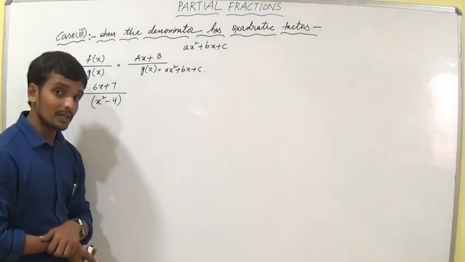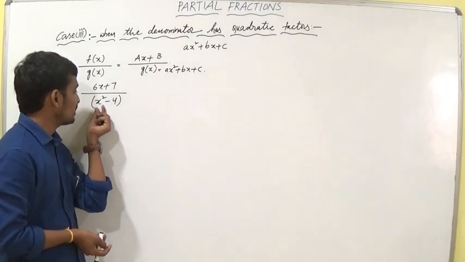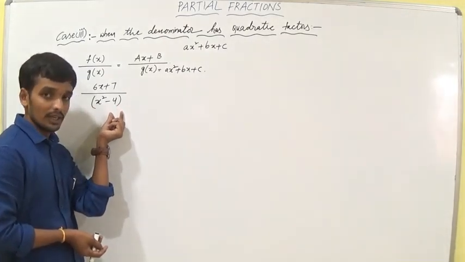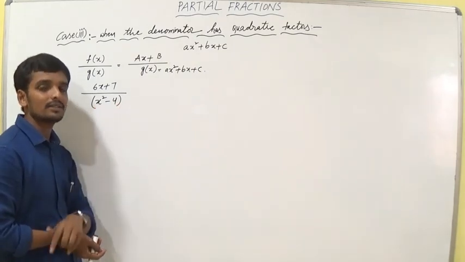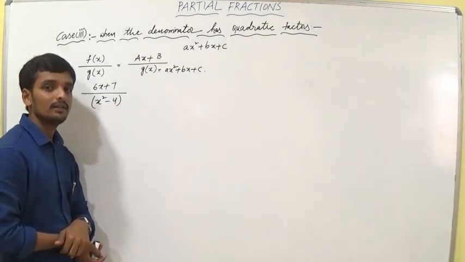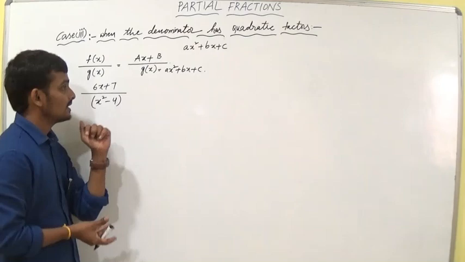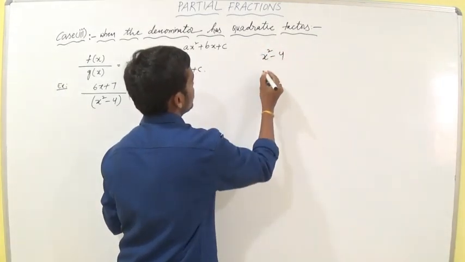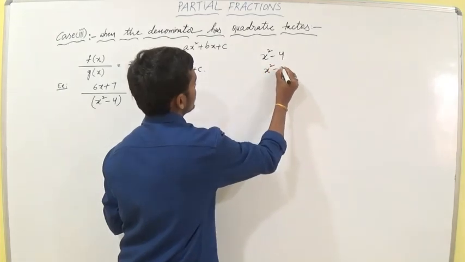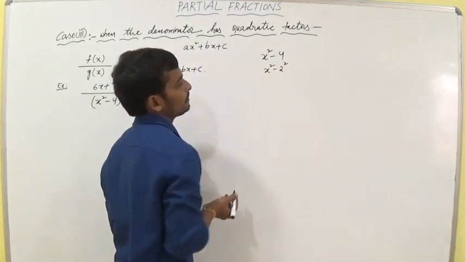If you observe clearly the denominator x square minus 4, we have to think: can we factorize or not? We can. x square minus 4 means x square minus 2 square.